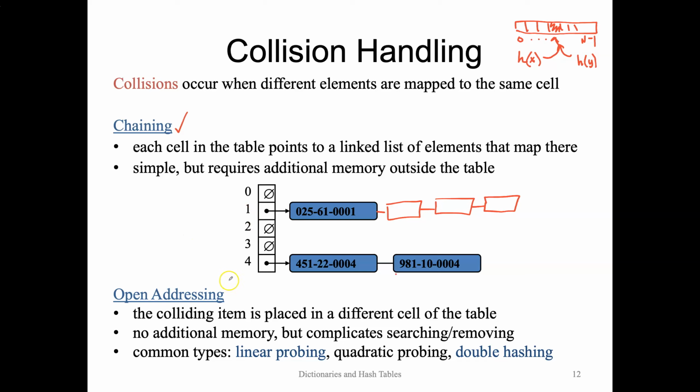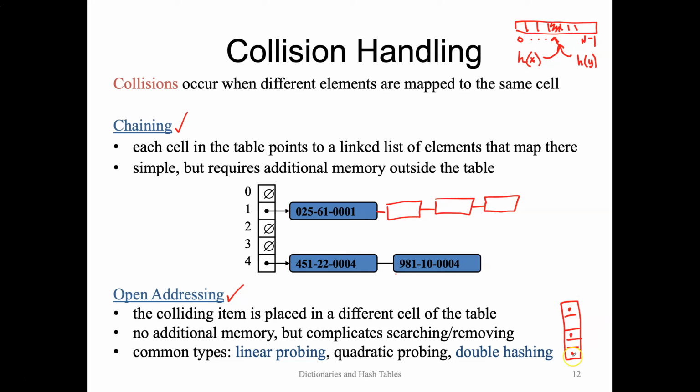Open addressing was created in order to be rid of that requirement, so we don't need any additional memory outside the table. The idea behind open addressing is that we don't have a list at every index of the table. Instead, here's our table; in fact, we could draw it horizontally instead. We only store at most one item at each cell.